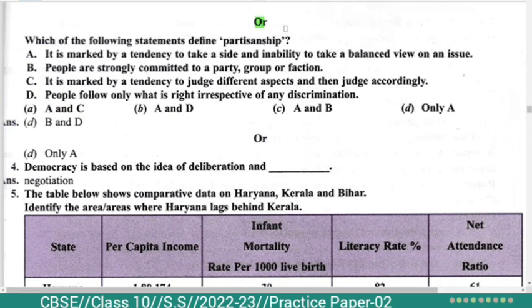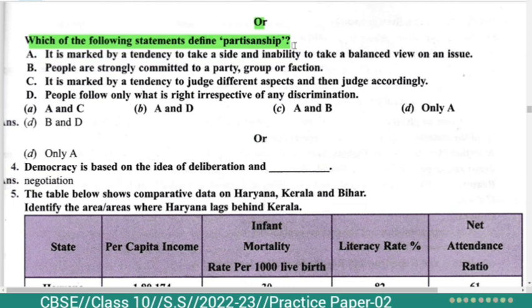Now our next question, which of the following statements define partisanship? The given options are: A. It is marked by a tendency to take a side and inability to take a balanced view on an issue. B. People are strongly committed to a party, group or faction.